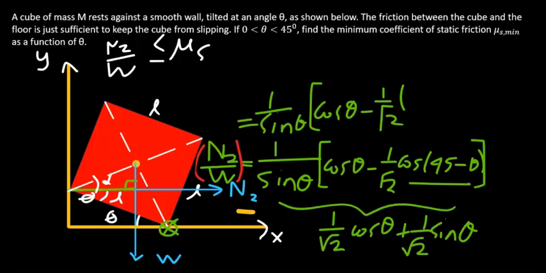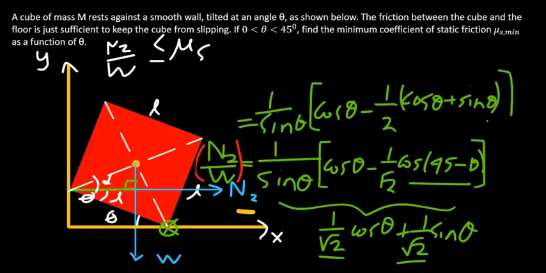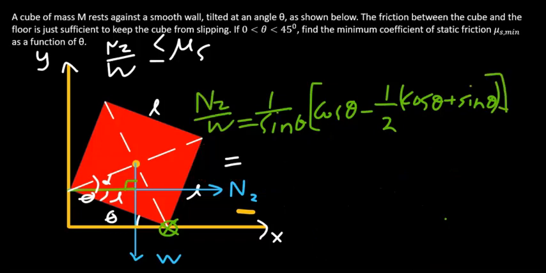Both have 1 over square root 2, which makes the front number 1 over 2, times cosine theta plus sine theta.